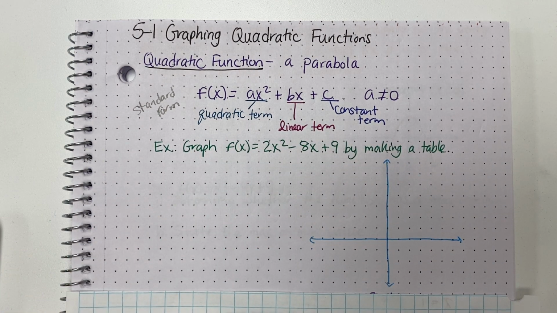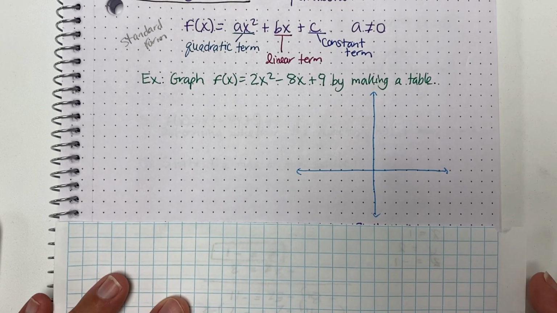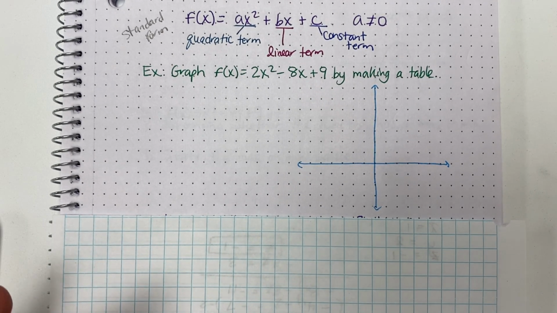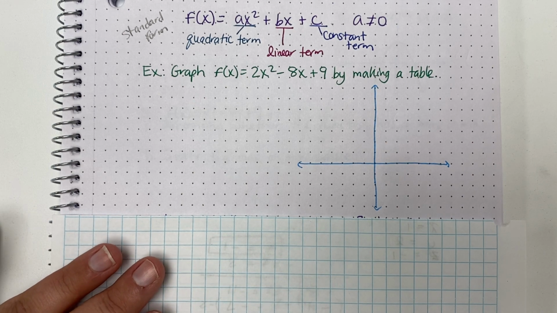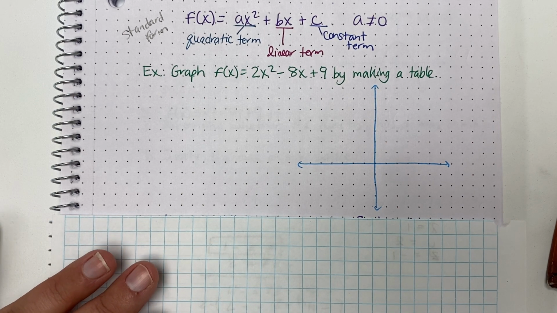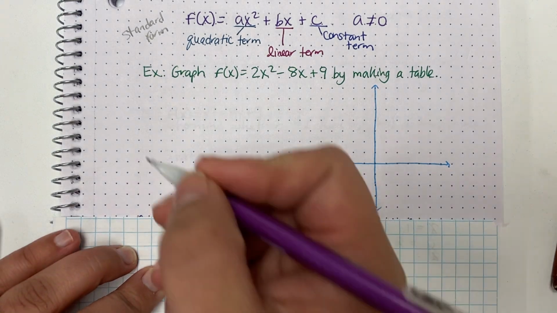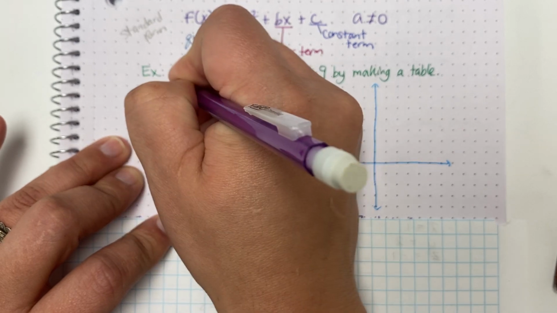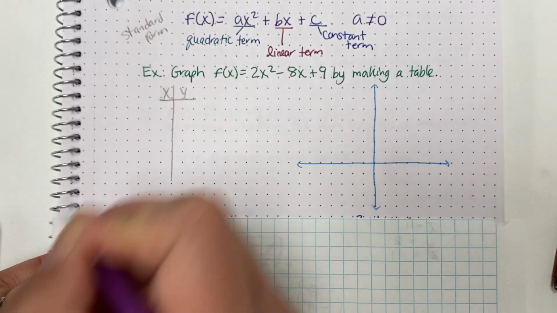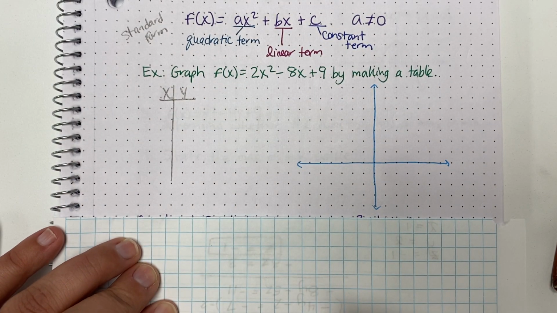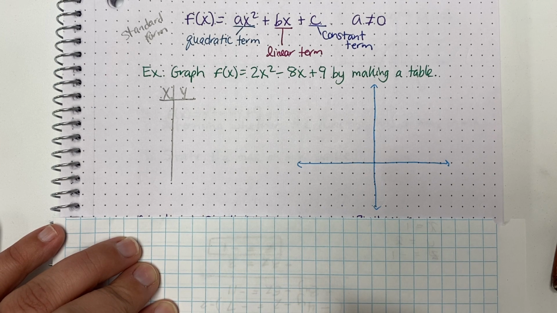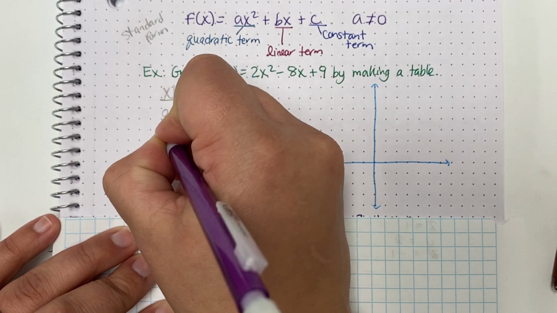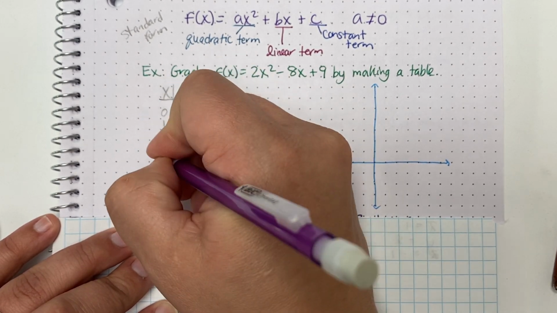So the first thing we are going to do is graph one of these by making a table. We aren't quite sure where this is going to go, so I'm just going to make a table of values. I'm going to pick some x's, 0, 1, 2, 3, 4.